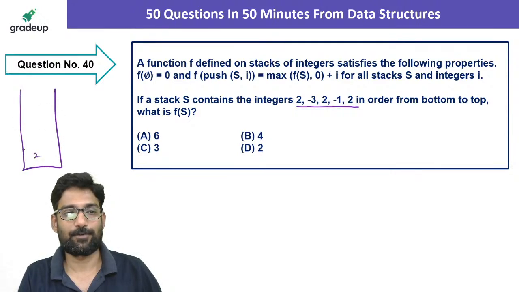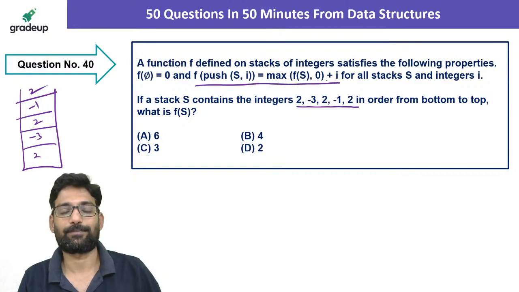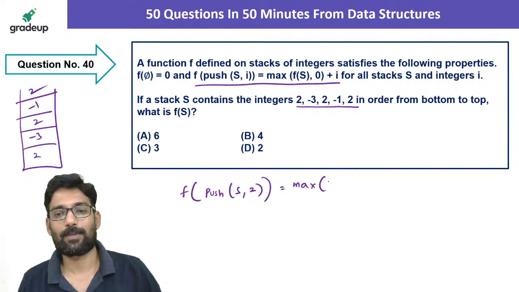So we have 2, -3, 2, -1, 2. First we are pushing: f of push of s comma 2 is max of 0, 0 plus 2.